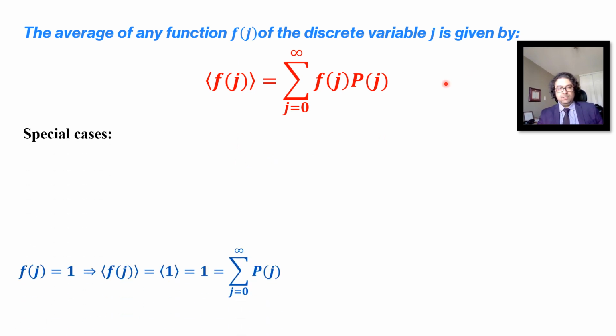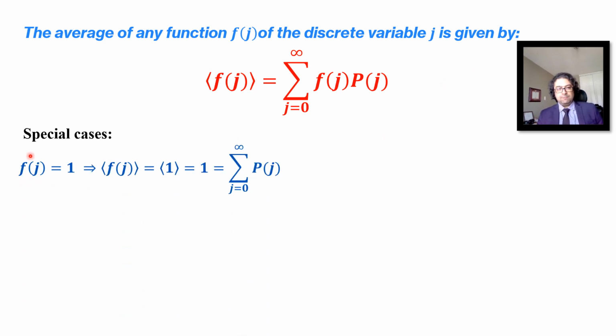So you can think of these special cases. For instance, if that function is 1, if I plug in 1 here, I would end up with the sum of all probabilities, which earlier we mentioned should be 100%. So the average value of 1 is just 1, we know that. The average value of j, if the function is j, was what we saw before. It is the sum of all j's times the probabilities.